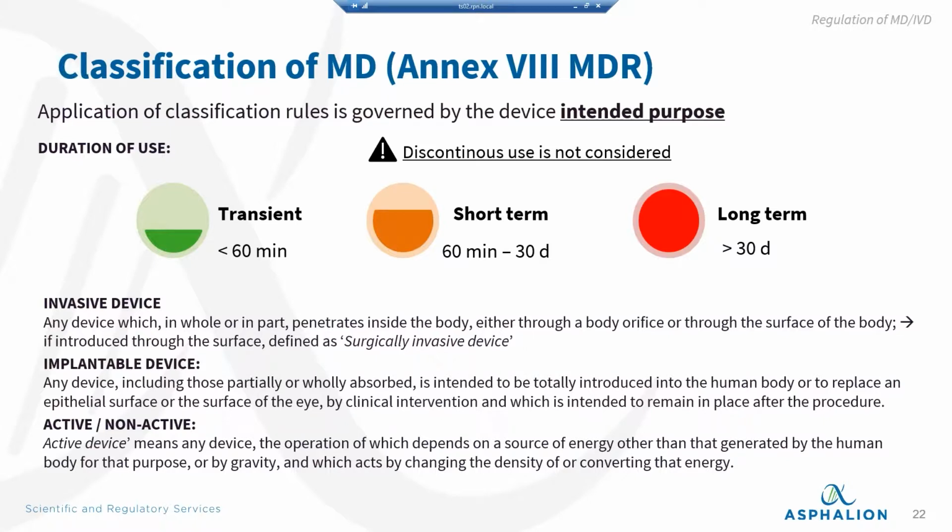Once you're aiming to classify your device, you've got to identify for how long you're going to be using it. It should be noted that discontinuous use is not considered. If you use your device and then remove it and then use it again, it's considered transient. It's not cumulative.